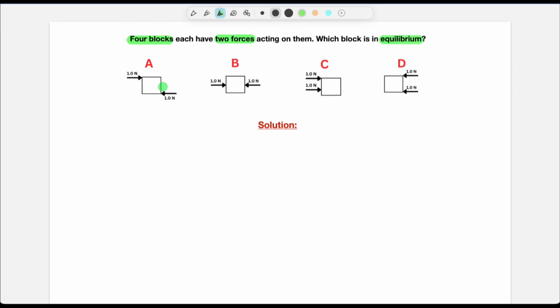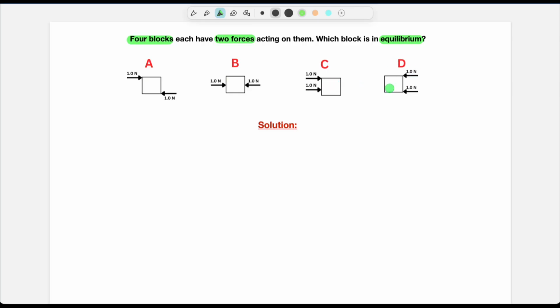So we are given 4 blocks A, B, C, and D, and we are asked which one of them is in static equilibrium. By observation, you can scan through each of these blocks and look at the nature of forces acting on them. If you look at block C, we can see both forces are acting from the same direction on the block.